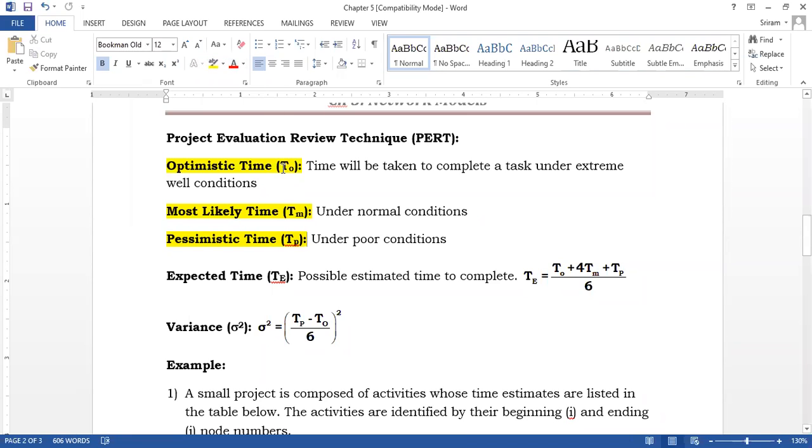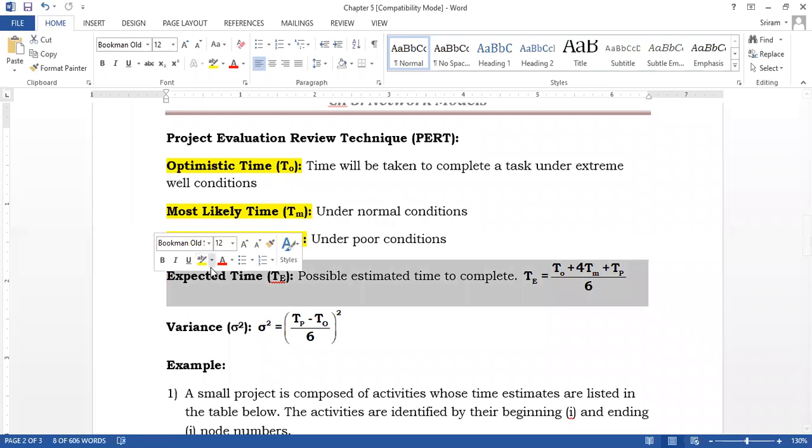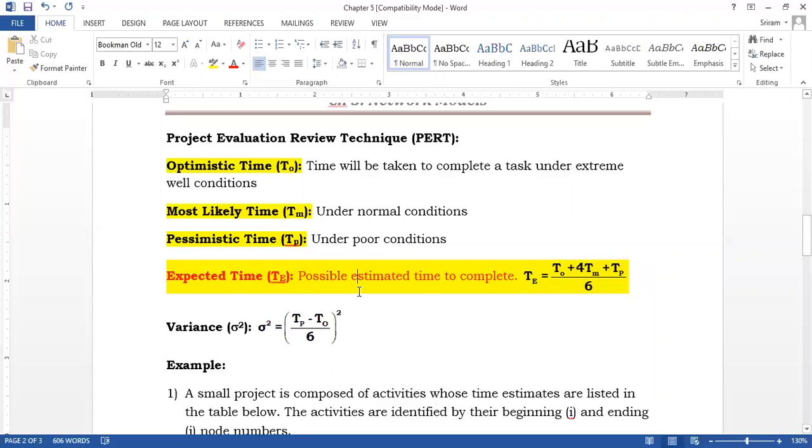The optimistic time is called T0. The most likely time is called Tm. The pessimistic time is called Tp. From these, we are going to find the expected time.